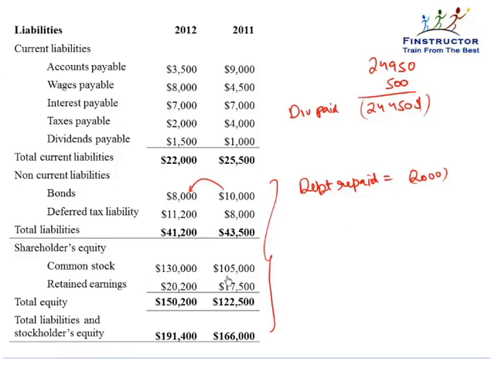We issued common stock worth $25,000. So this would represent an inflow from equity holders. So common stock issuance to the tune of $25,000. Please note that retained earnings will not be used in the cash flow from financing calculation.